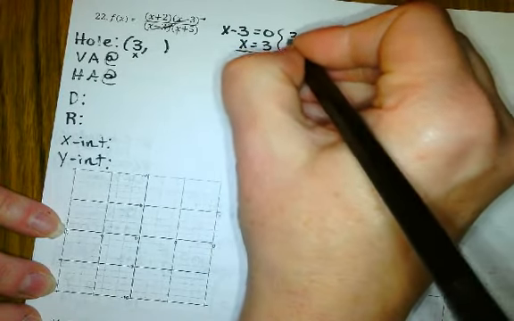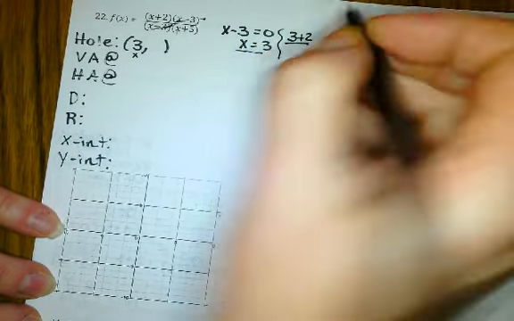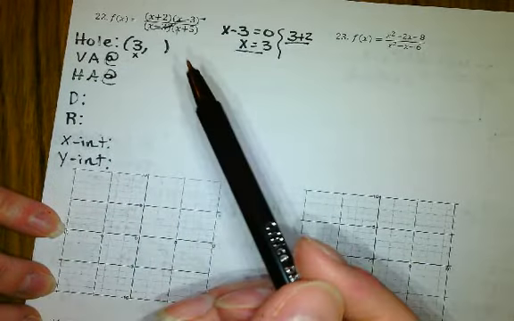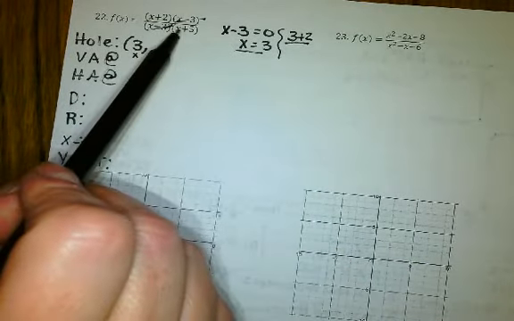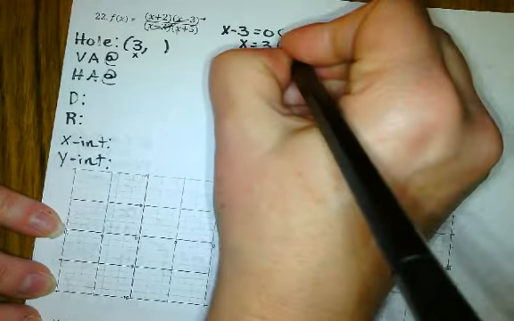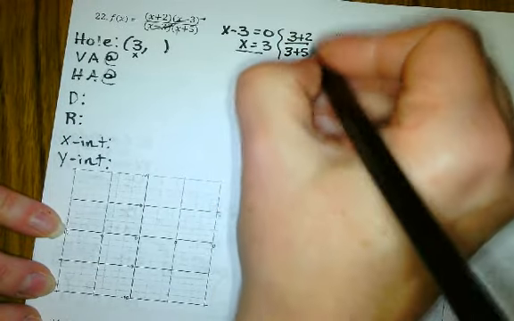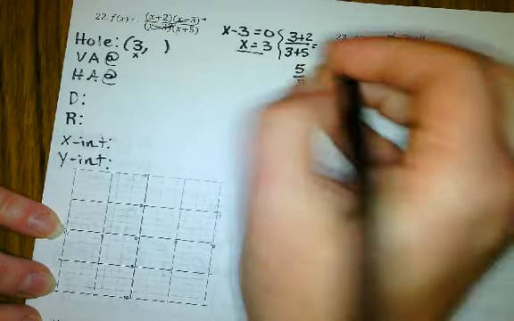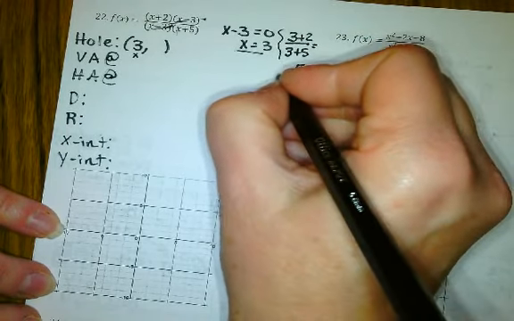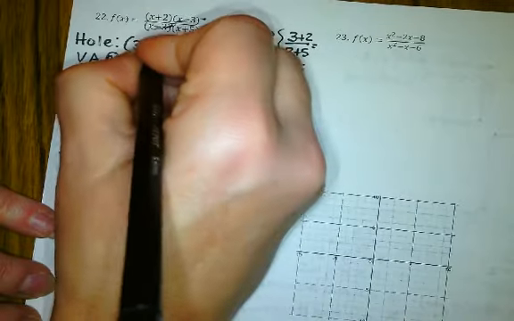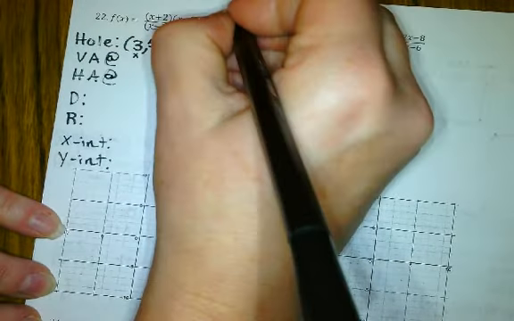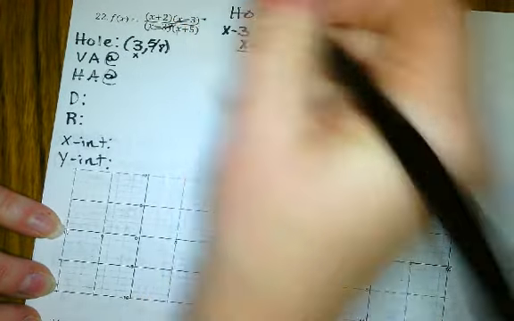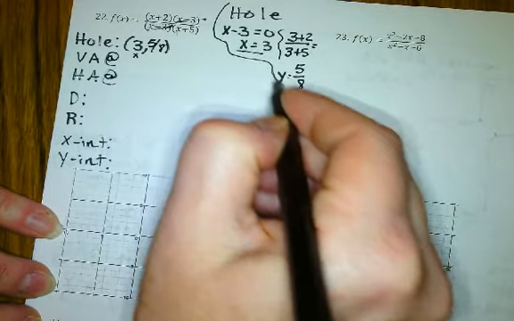Okay, so this is 3 plus 2 over, and on this one, this is what's left over, so 3 plus 5. And that gives me 5/8. So the y-coordinate would be 5/8. So this is all for the hole.